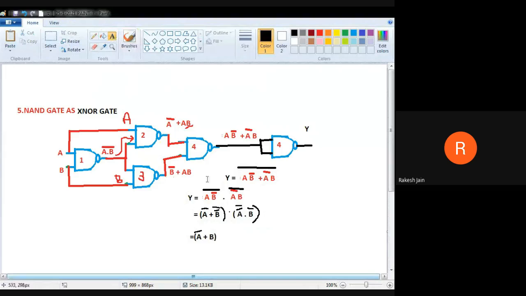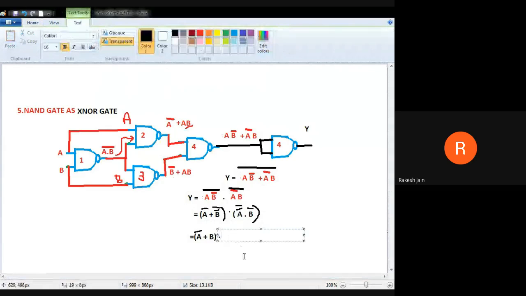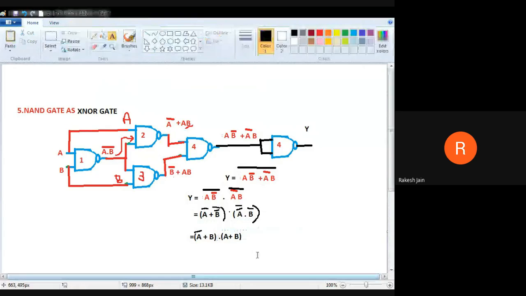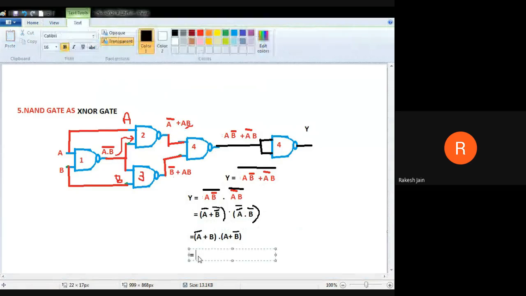So A bar plus B. Okay. The second is then dot. A bar to bar is cancelled out, so only A plus B bar.